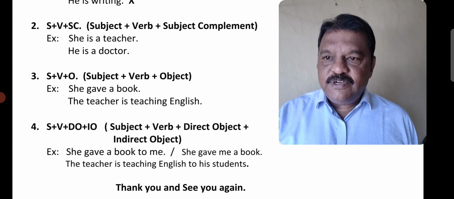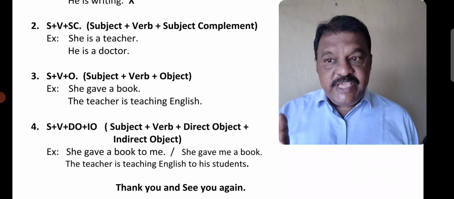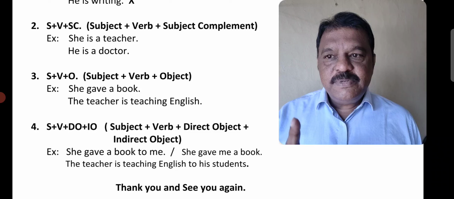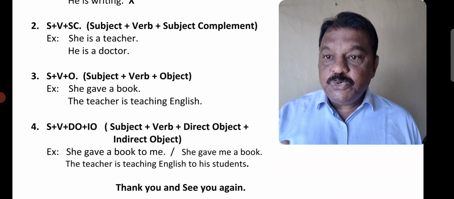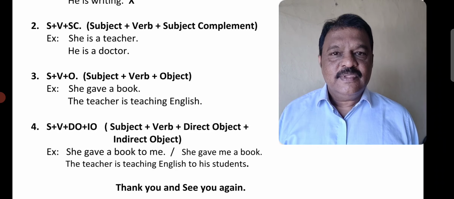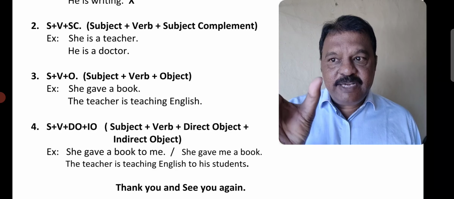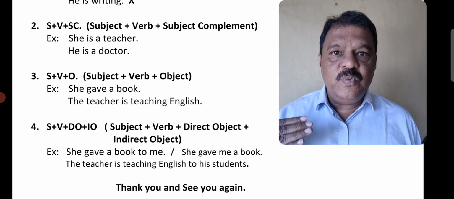She gave a book to me. She is the subject, gave is the verb, a book is the direct object, to me is the indirect object. This sentence is according to this pattern, S plus V plus DO plus IO.